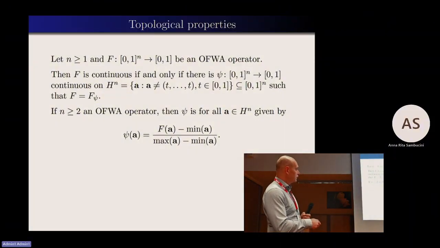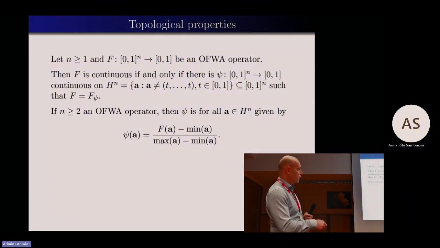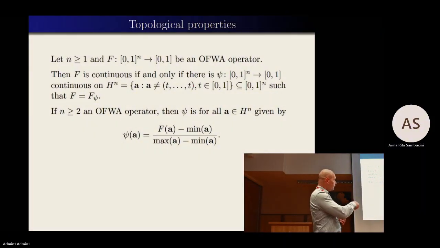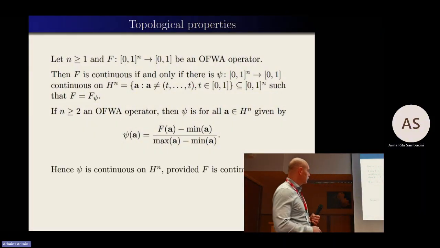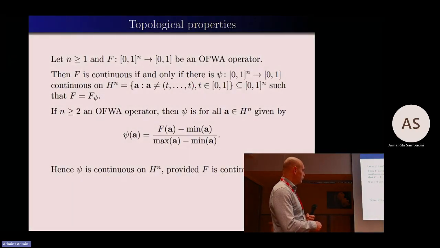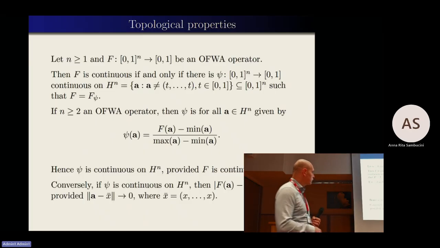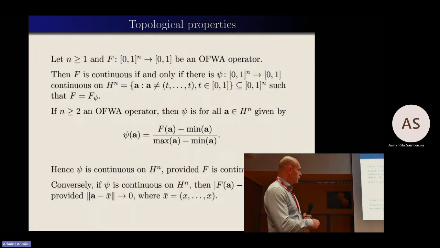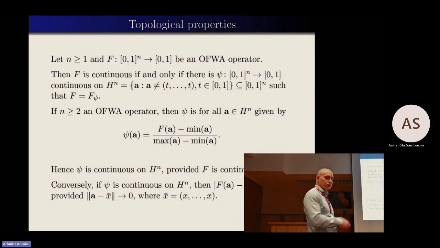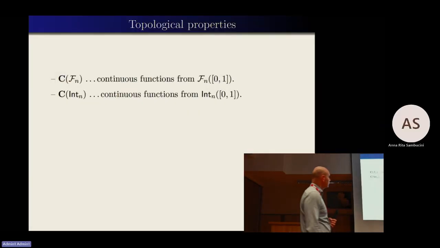So in this case, this function is given by this formula. And you can see that if this is continuous, then also this fraction is continuous. So we have that phi is continuous on this subset provided f is continuous. Conversely, it can be seen that if psi is continuous on this set, then also the resulting function is continuous. So we have a nice condition.